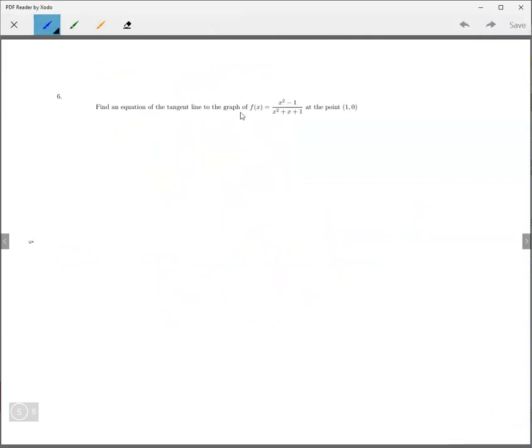Find an equation of the tangent line to the graph of this at the point 1, 0. So here we have a quotient. Here's the high part. Here's the low part. And so the derivative, use the quotient rule.